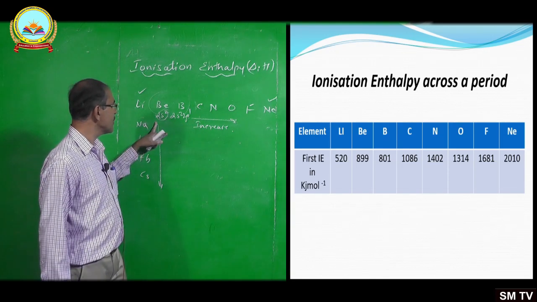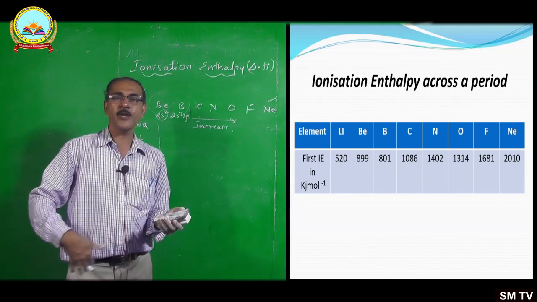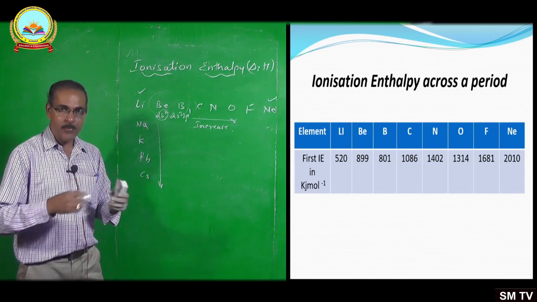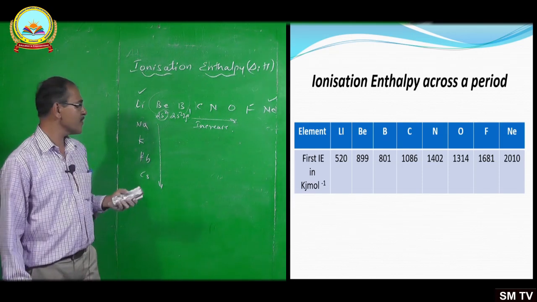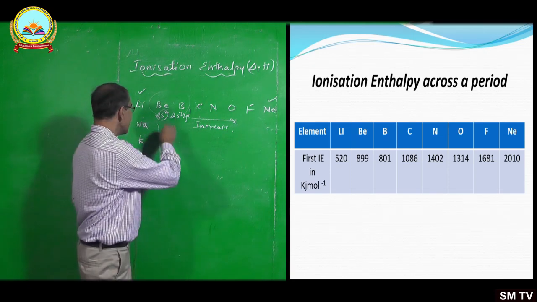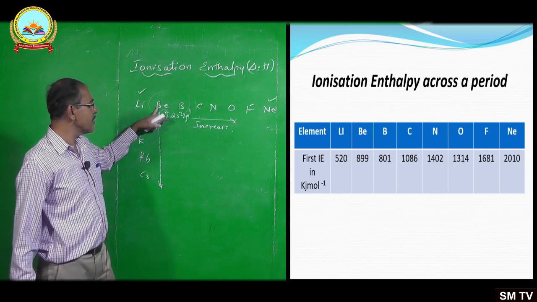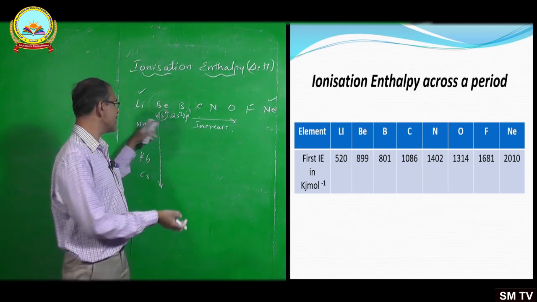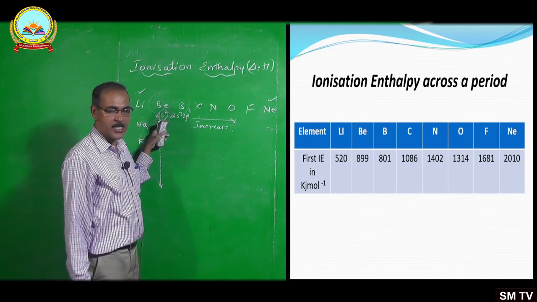Now, the s orbital is very near to the nucleus because of its spherical shape. P orbitals are away from the nucleus because of their dumbbell shape, and the electron density is very near in the case of beryllium. So, the electrons are held tightly here. One factor is the shape of the orbital.